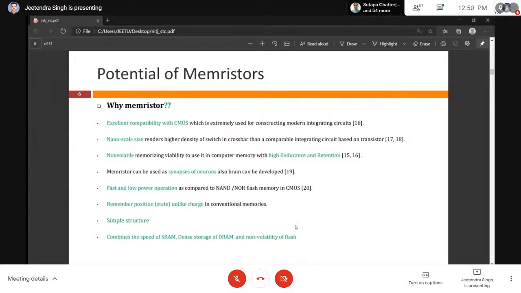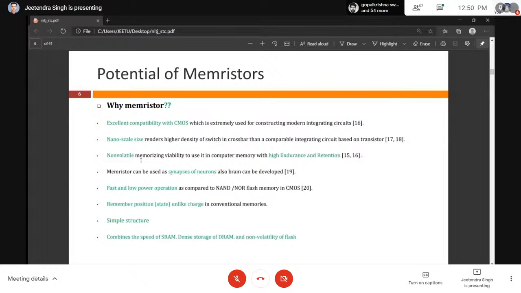And another is the non-volatile memory. Another property of this memristor is that it is non-volatile. Basically, it retains the resistance state instead of the charge. If any memory relies on charges, we know that the charges will dissipate with time.